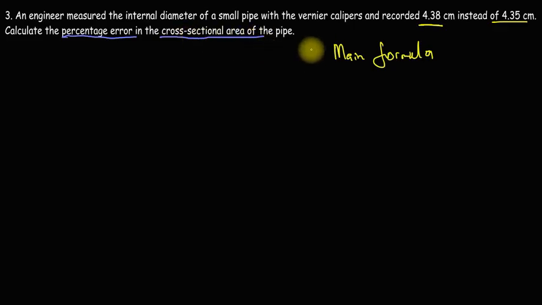of the pipe. Now let's bring our mind to the main formula. Since they're talking about a pipe and its cross-sectional area, a pipe is a cylinder, an elongated cylinder. So definitely the cross-sectional area is going to be that of a circle, right?